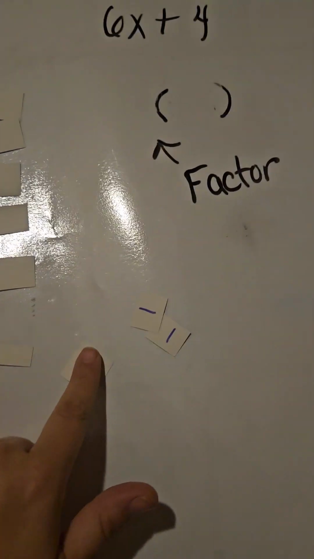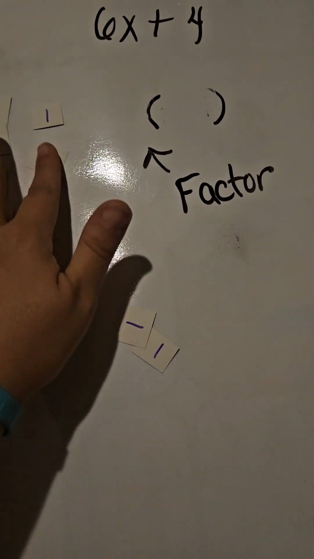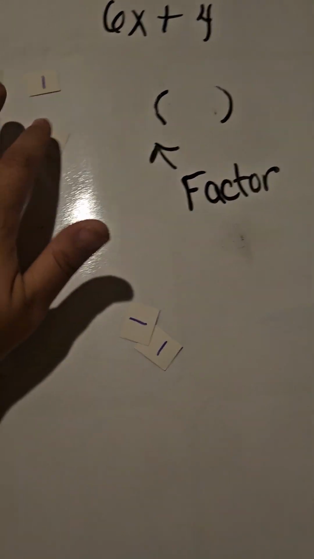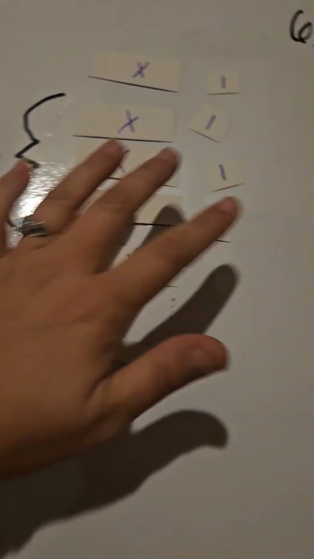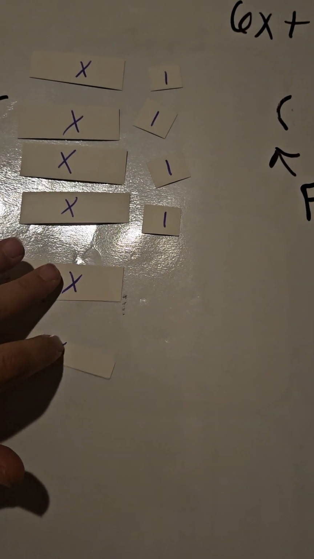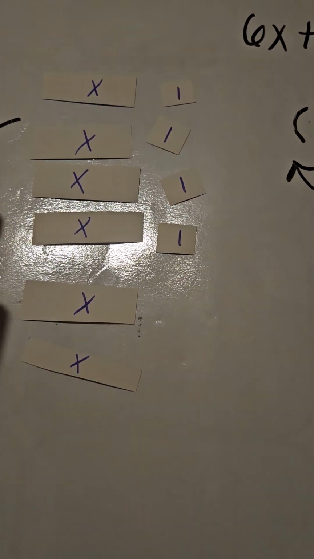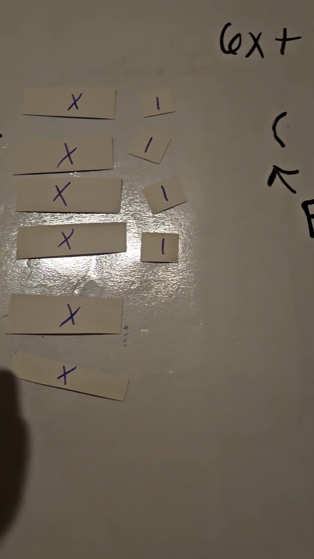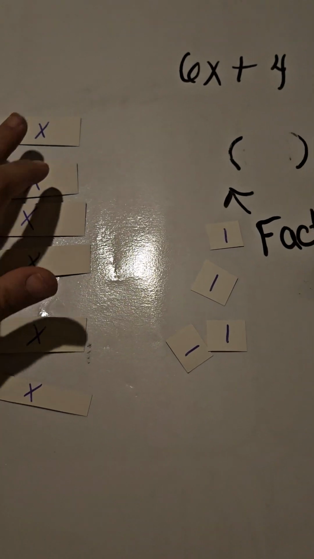But you'll see here that my 4 ones can't split evenly to where each row has a 1. Because if I did this, I would be left with 2 rows without a 1. So that does not give me equal rows. So I've got to try another way of dividing up 6.